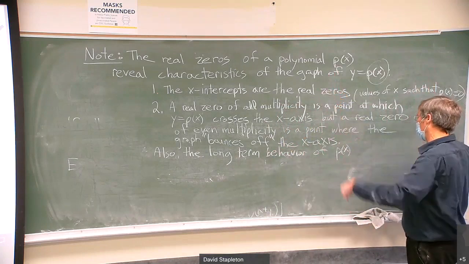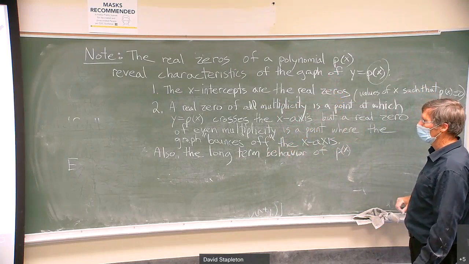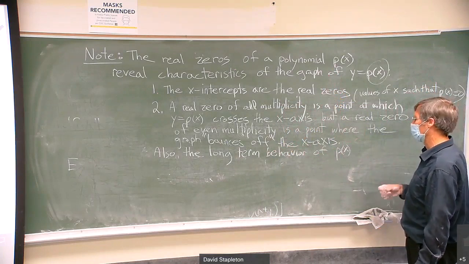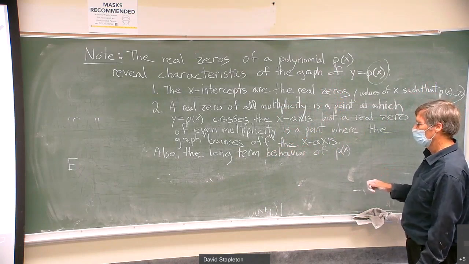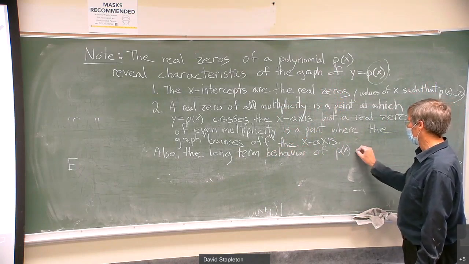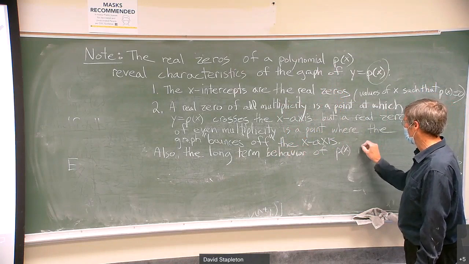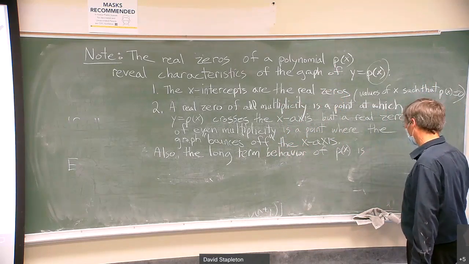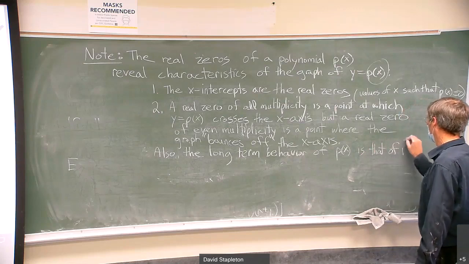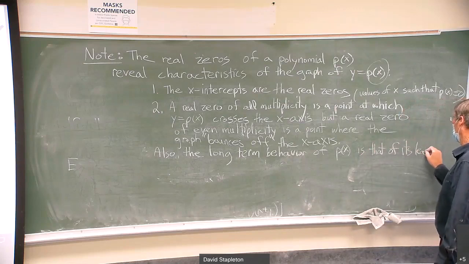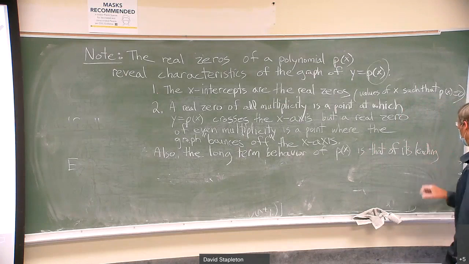If the leading term goes down on each side, then the whole graph goes down on each side, because it dominates the other terms for x very big positive or very negative. Long-term behavior of p of x is that of its leading term, which you know how to graph, so you know what it does. Leading term meaning the one of highest power. All the things that are added together, the terms.